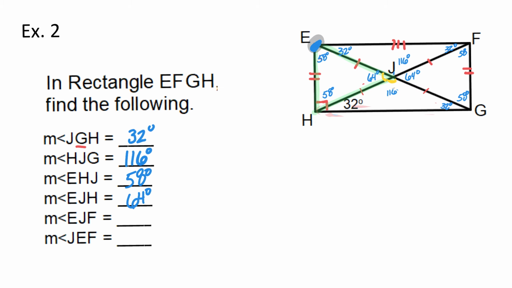Then we are going to look from E to J to F. That's a 116-degree angle. And then lastly, J to E to F is this angle right here. And we can clearly see we have that angle listed as 32 degrees.